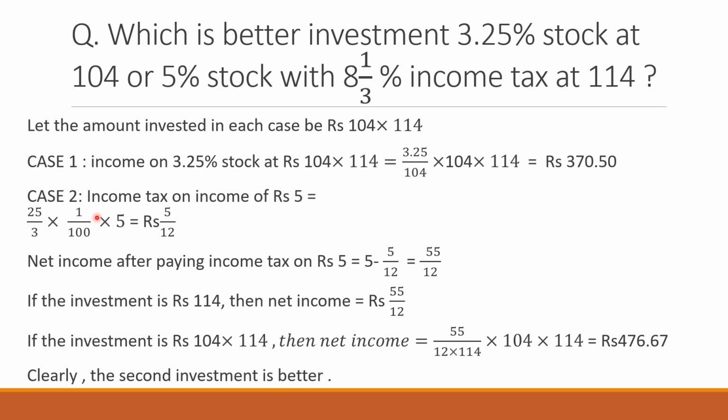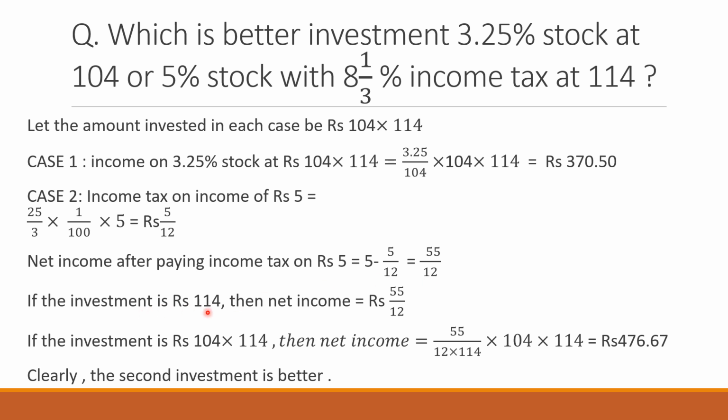Now in case 2, here you have to calculate first of all income tax. Income tax on rupees 5 will be 25 upon 3, this may be 8 1 upon 3, is 25 upon 3 multiplied by 1 upon 100 multiplied by 5, which gives you 5 upon 12. Now you will calculate the net income. Net income after paying income tax on rupees 5 is 5 minus 5 upon 12, which is 55 upon 12.